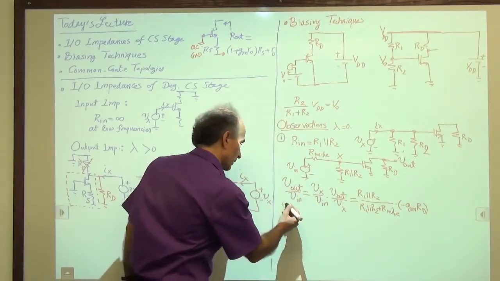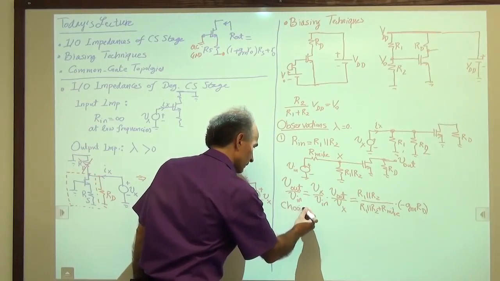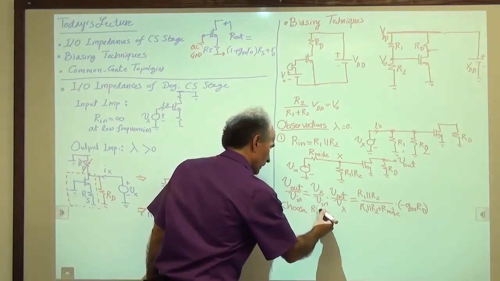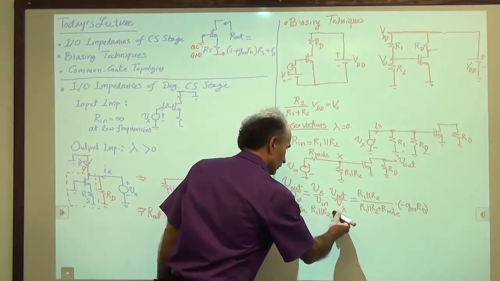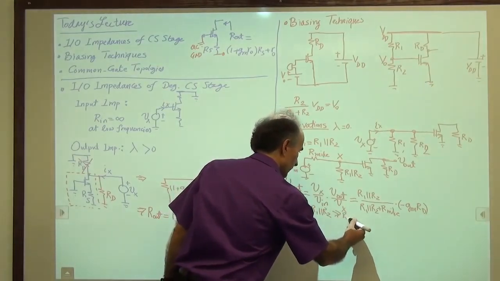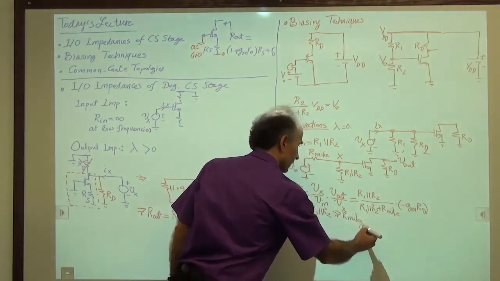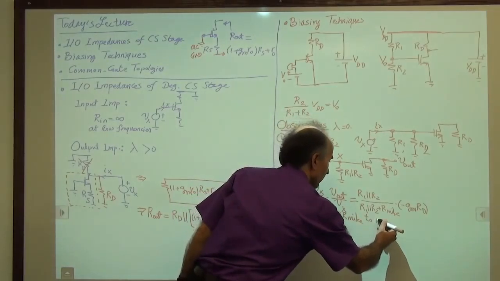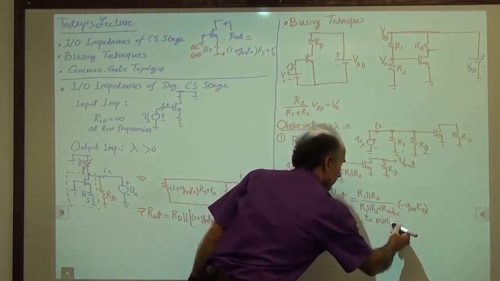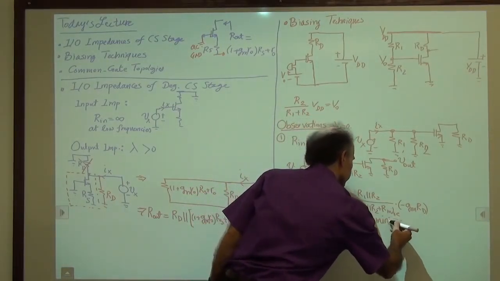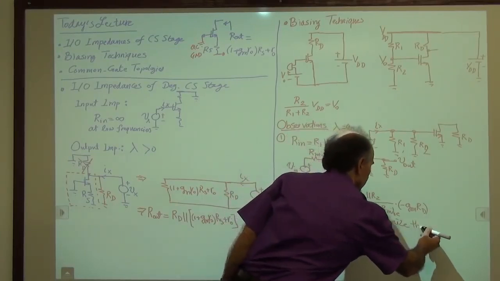So we can say choose R1 in parallel with R2 to be much greater than R mic to minimize the attenuation.